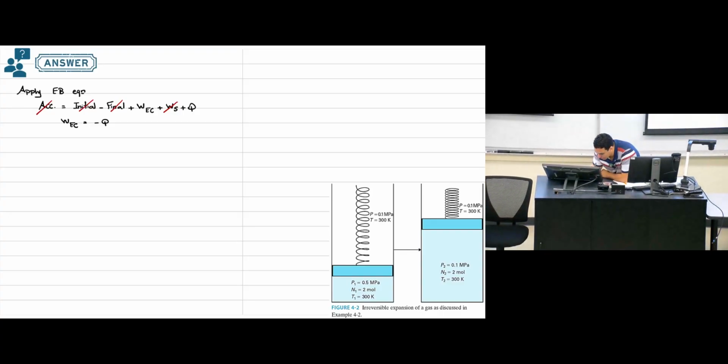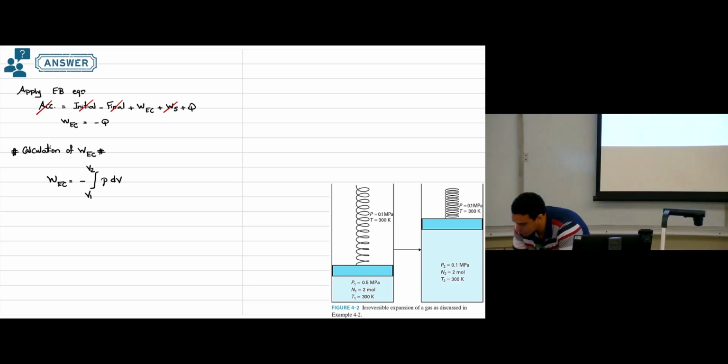So how can we find the work of expansion contraction? If you remember the equation from chapter 1, work of expansion contraction is negative integration of P dV, from initial volume to final volume.